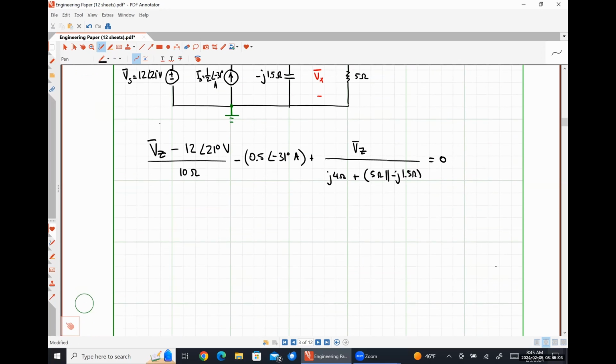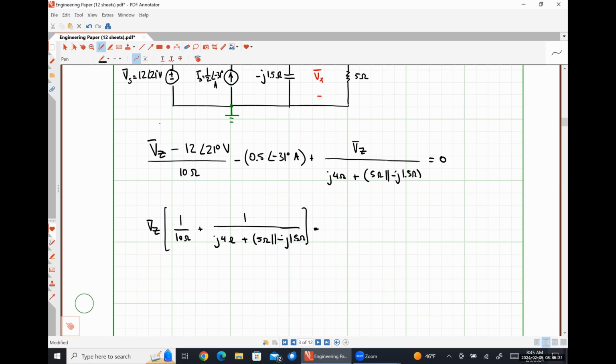So now I'm just going to move stuff around, right? So I could say that I have VZ multiplied by a factor of 1 over 10 plus 1 over J4 plus 5 in parallel with minus J1.5.